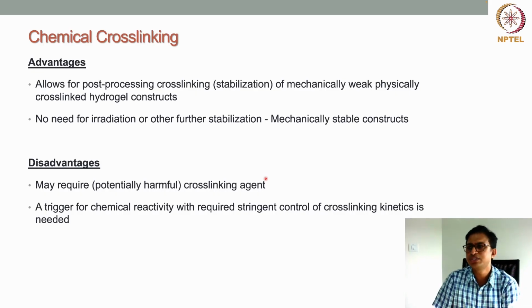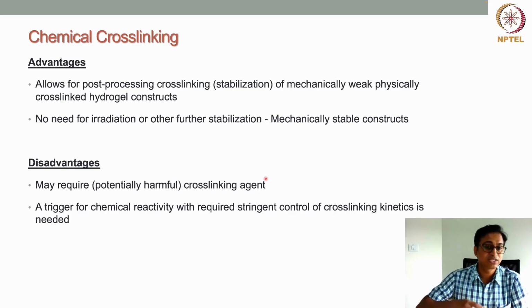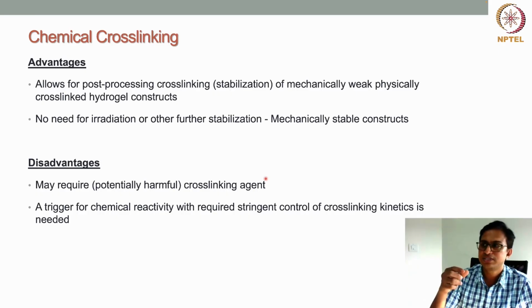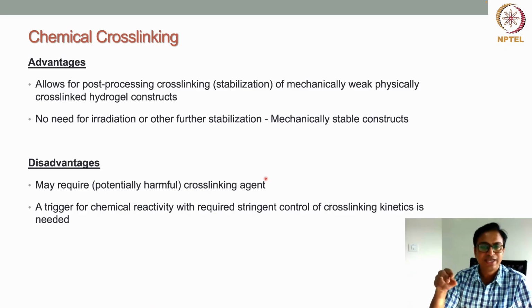Suppose we are using a highly viscous hydrogel. After printing, due to the high viscosity, the structure will be retained and the printing fidelity is good. There we can do some chemical cross-linking so that the structure is further stabilized and its mechanical property improves further. So that is the advantage of chemical cross-linking: it improves the structure stability and also the mechanical property.